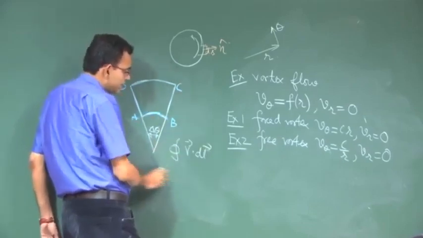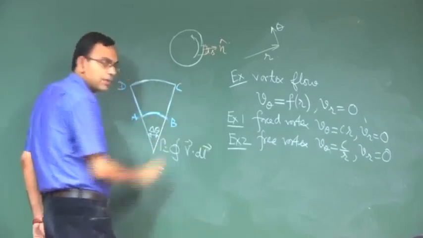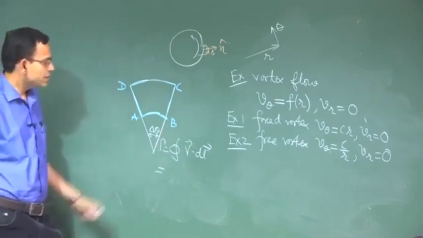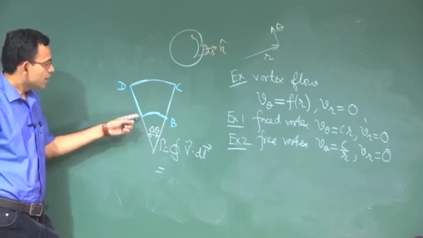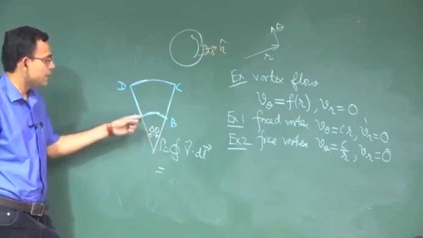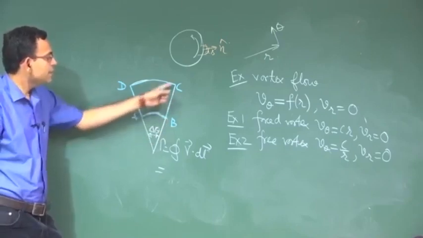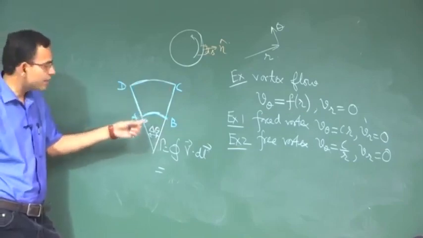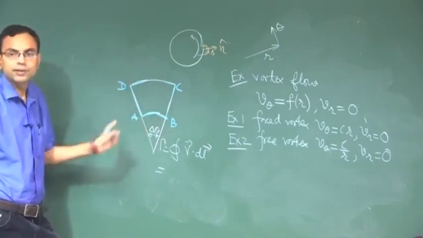So this is circulation, sometimes we give this symbol as capital gamma. So, this is the sum of 4 line integrals AB, BC, CD and DA. That is how, if you start from A, you can come back to A.